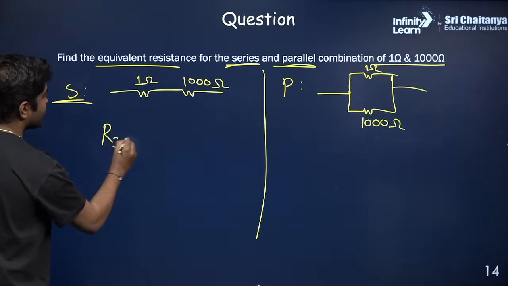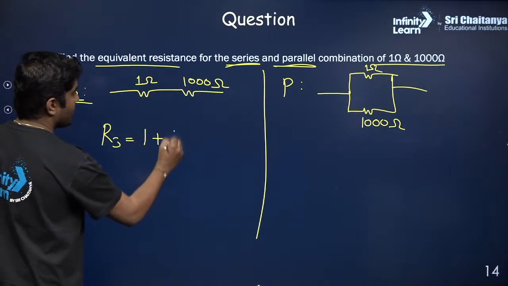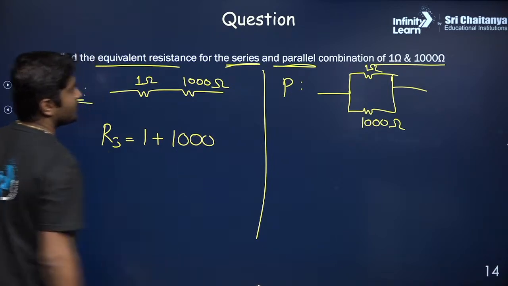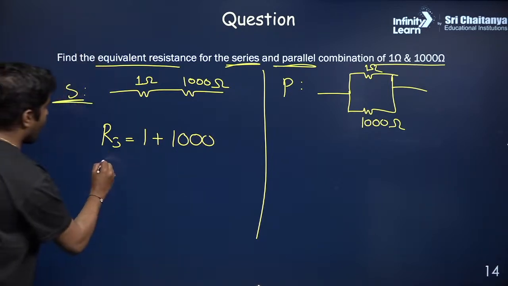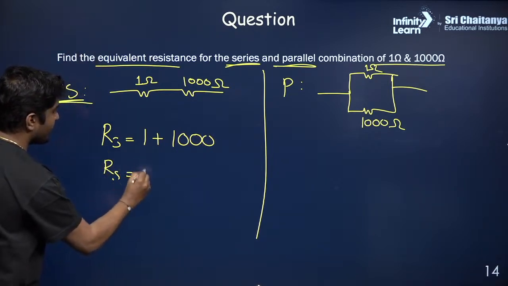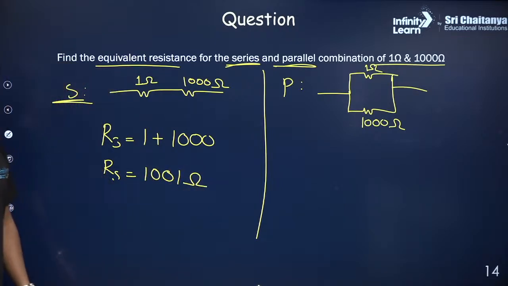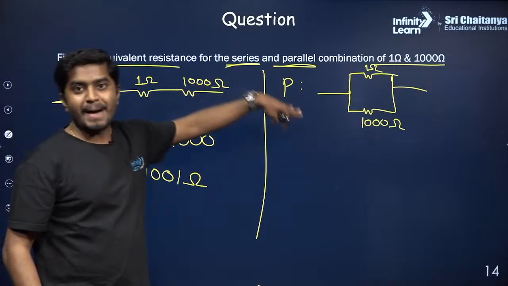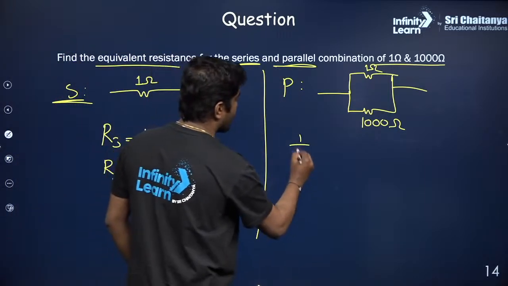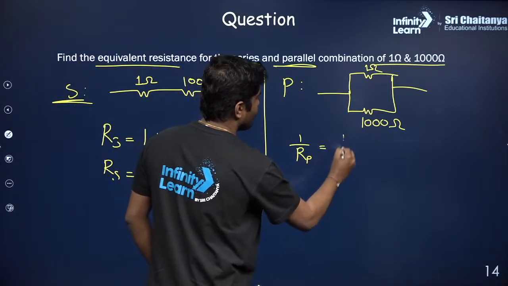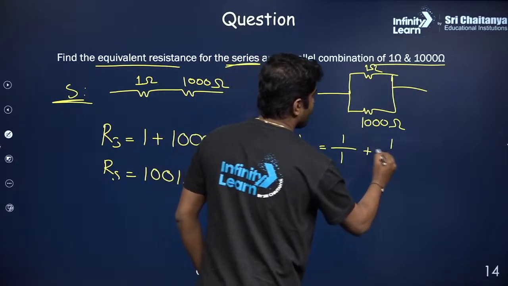R series would be just 1 plus 1000, which is 1001 ohms. And now they are in parallel. So 1 by Rp would be 1 by 1 plus 1 by 1000.